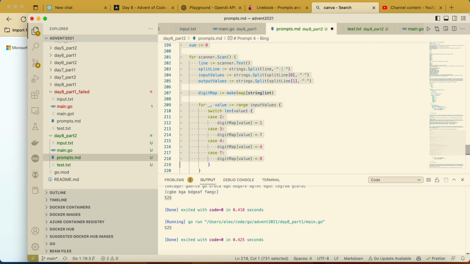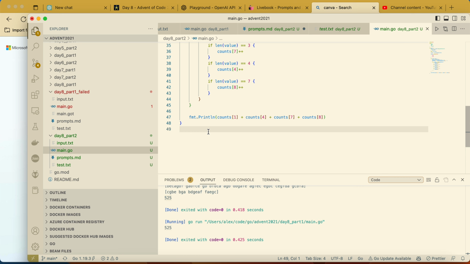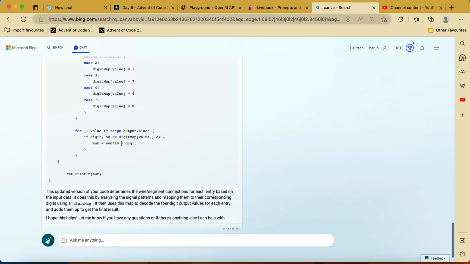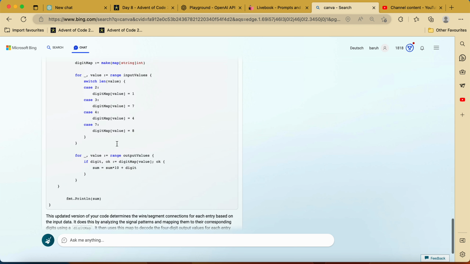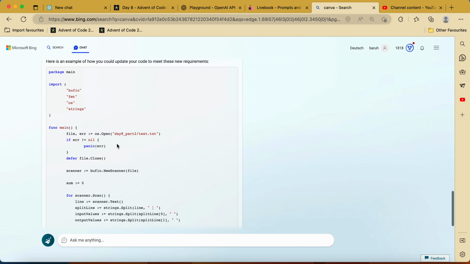Let's firstly get to our test input. This outrageous multiplying by 10. I have no idea why on earth this kind of stuff is here.